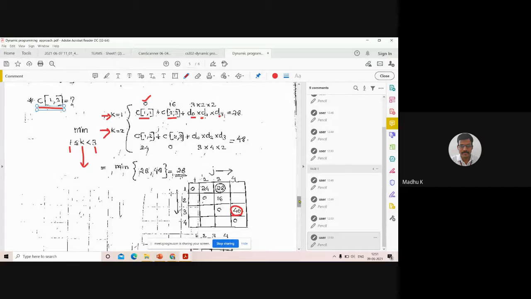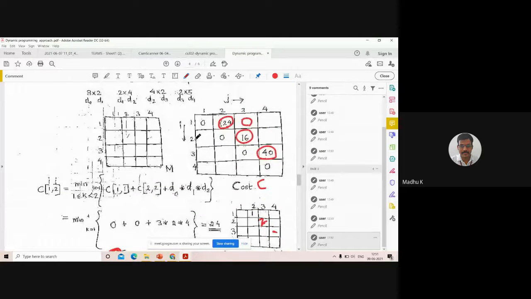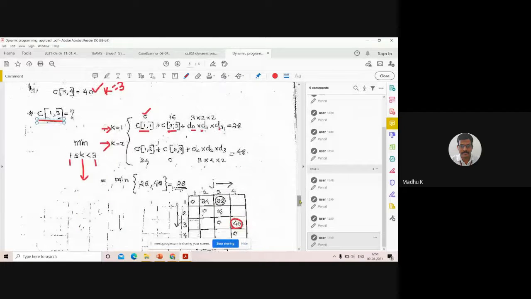We will solve a problem and store the solution somewhere, so in the future we will use that solution. That idea we are using here. Here, C of 2 3 is 16, as in this matrix. It's already solved, so we will use that value here. Then D0, D1, D3 we already found. Solving, we will get 28.